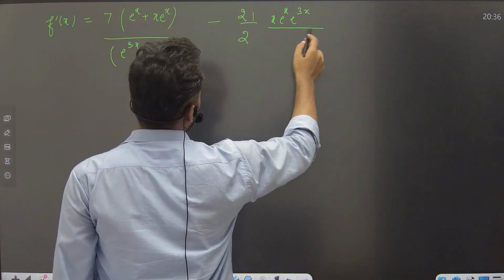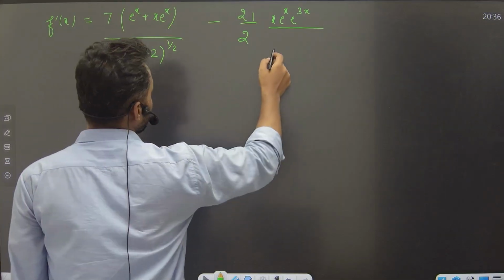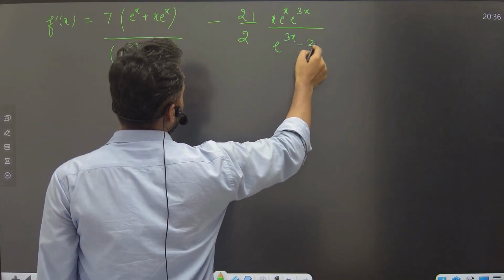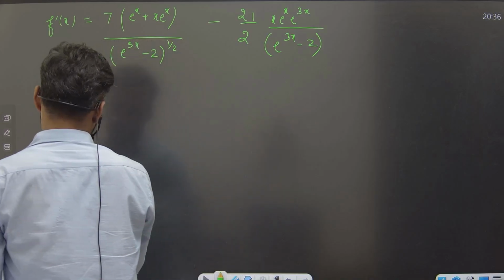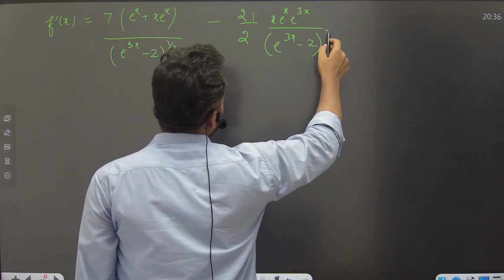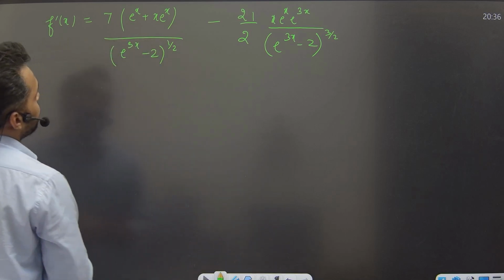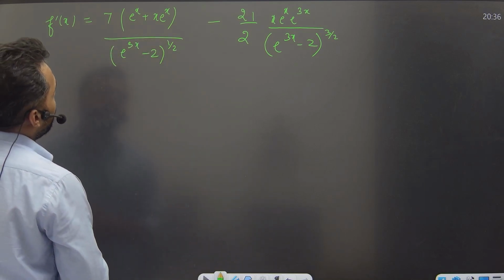So division of e power 3x minus of 2 raised to the power 3 by 2. So we have got this value, student.